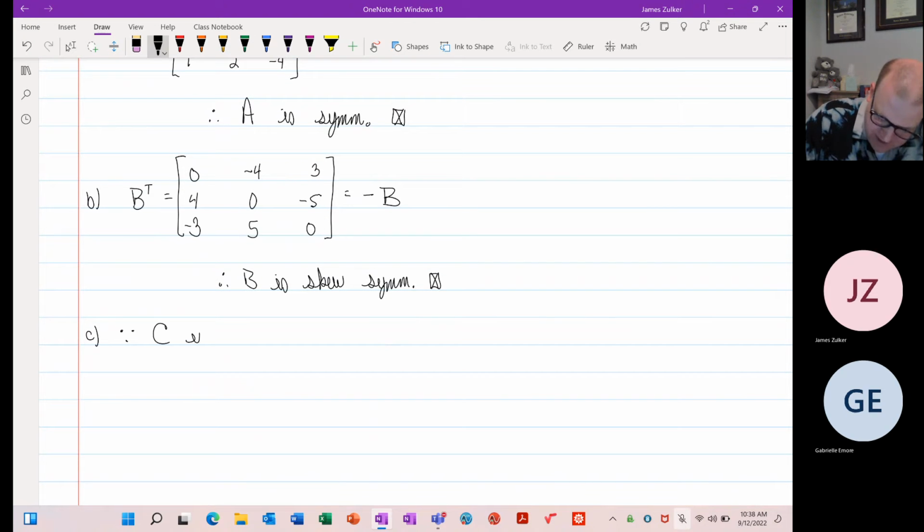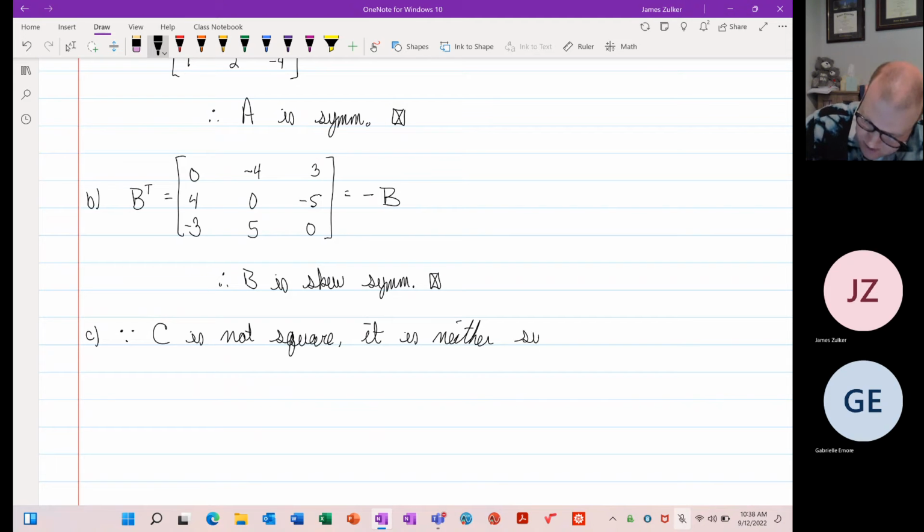So since C is not square, it is neither symmetric nor skew symmetric.